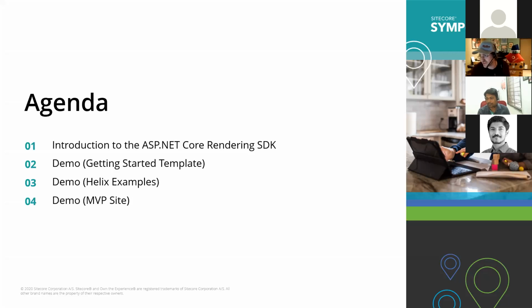We have a getting started template that makes it easy for anyone to start up with a simple project. And then we have a couple of examples out on GitHub with our Helix examples site implemented in ASP.NET Core, as well as our tech marketing team has begun rebuilding the Sitecore MVP site in ASP.NET Core, and they're doing that open source, which is awesome.